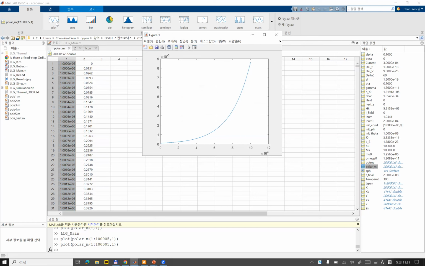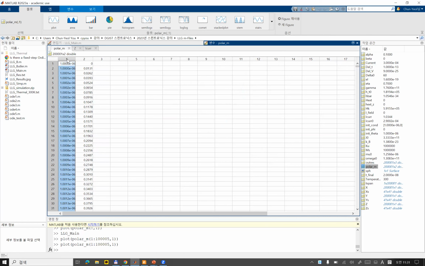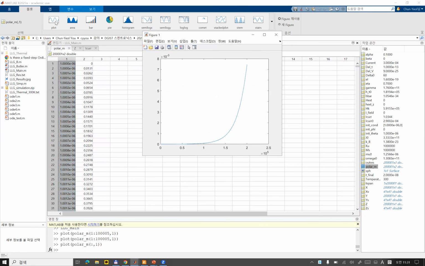Now we have almost 10 to the minus 2, but still it's just 1 degree something.